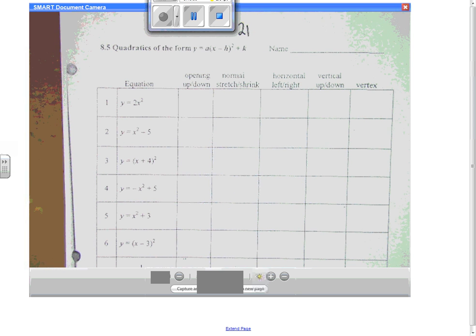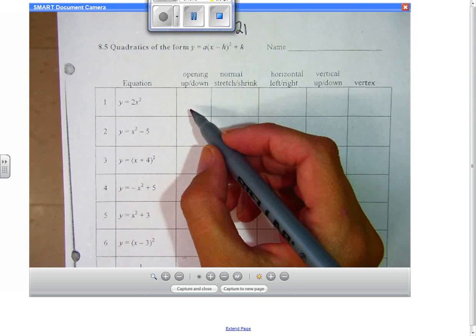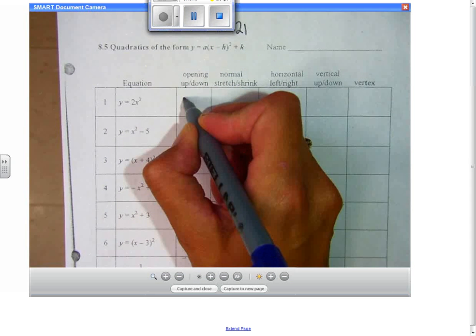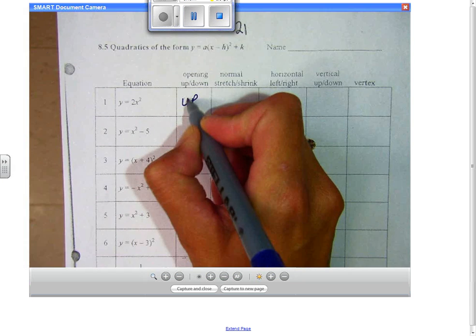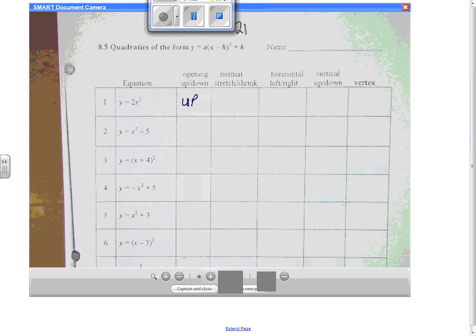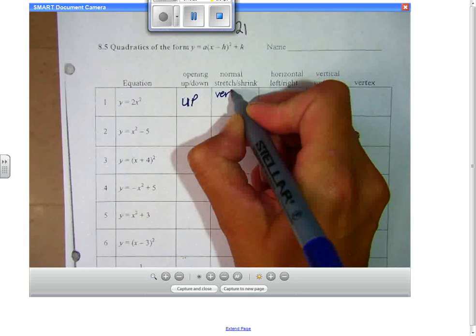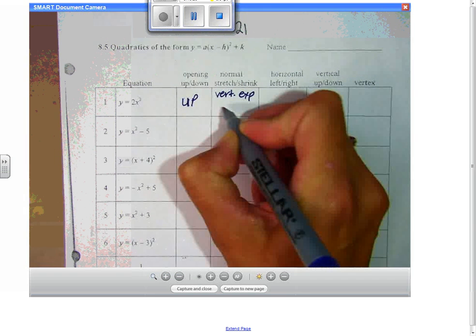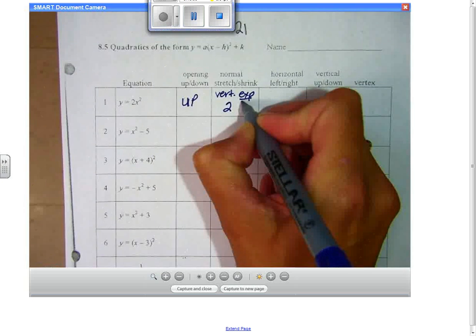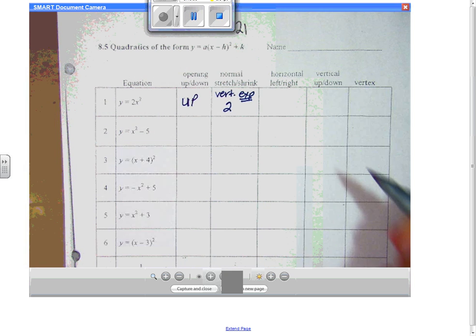So y equals 2x squared does not have a negative sign in front, so it will open up. Normal, stretch, shrink. Y equals 2x squared has a vertical expansion, factor 2. Expansion is the word we're looking for. There are no left-right changes.